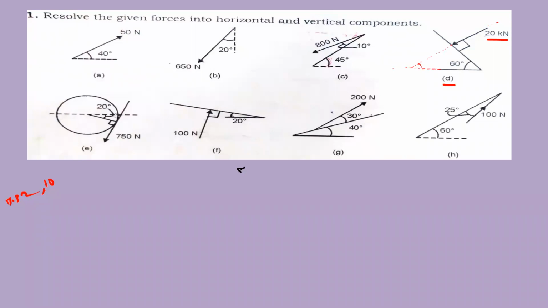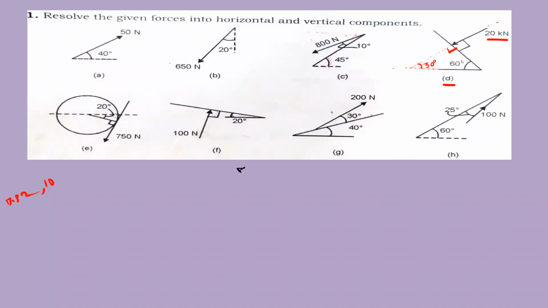Now the angle of the force with respect to this horizontal, we can find from this right angle triangle. This is 90 degrees, this is 60 degrees, so the remaining angle is 90 minus 60, which is 30 degrees. So we know that this 20 kilonewton force is at an angle of 30 degrees with respect to this horizontal.